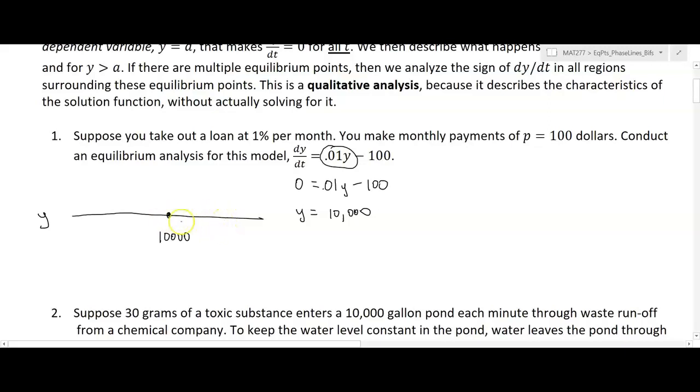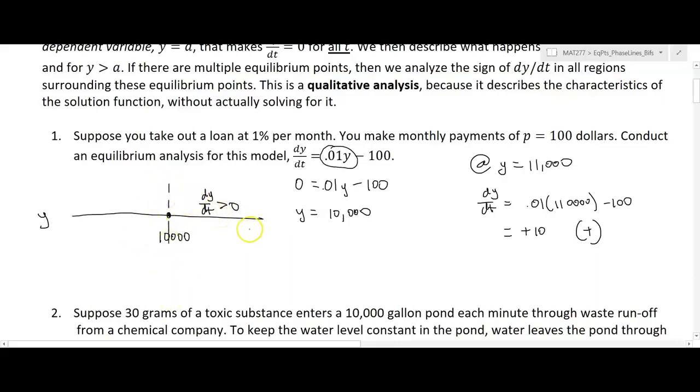If we pick a value to the right of 10,000, for example y equals 11,000, and plug that into this equation to see the sign of dy dt, we get 0.01 times 11,000 minus 100, and that comes out to a positive 10. We don't care about the 10, we just care that the sign is positive. And so dy dt is bigger than 0 for all values to the right of y equals 10,000.